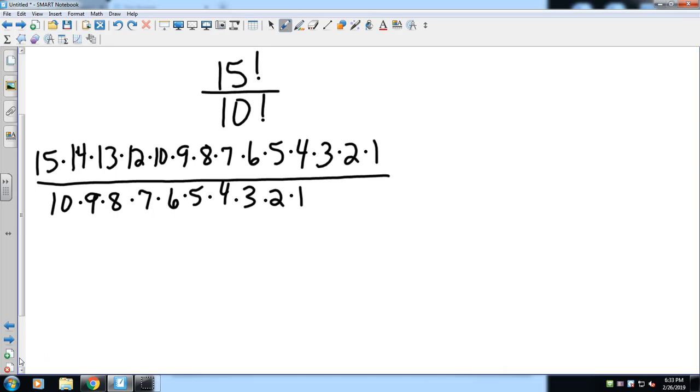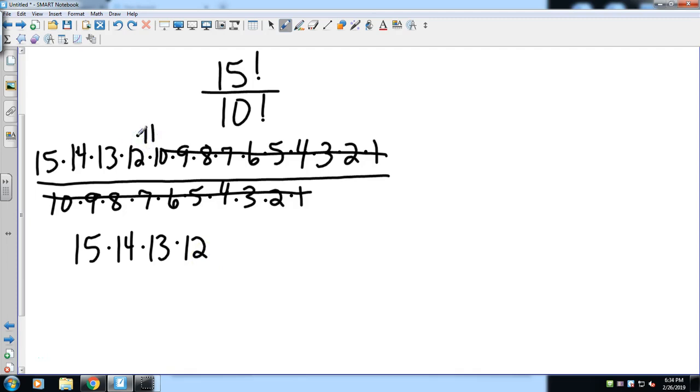So remember, with fractions, I can simplify things that are on top and bottom, so I can eliminate 10 factorial just like that. And so what I'm left with is 15 times 14 times 13 times 12, and I don't know where my 11 went. Should have been 11 in there. Sorry about that, guys. Okay, so 15 times 14 times 13 times 12 times 11, and again from that point on, my 10 goes away.